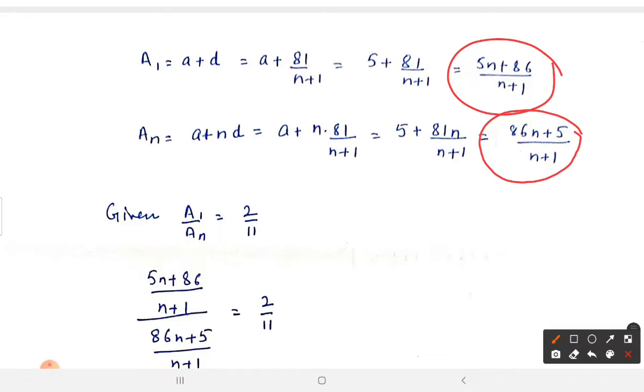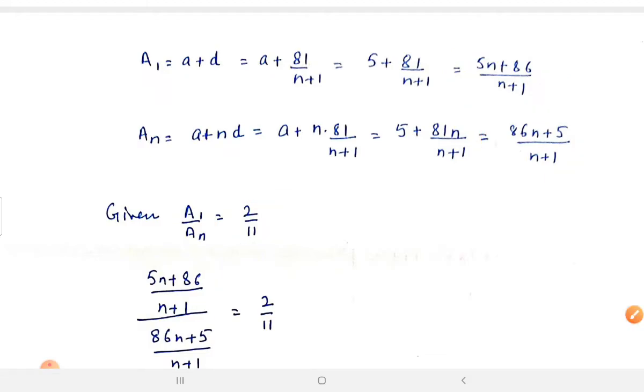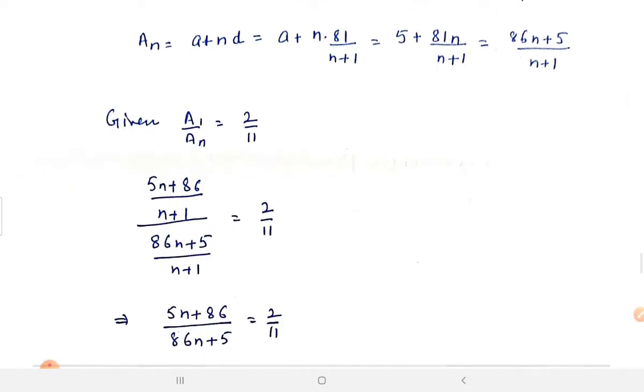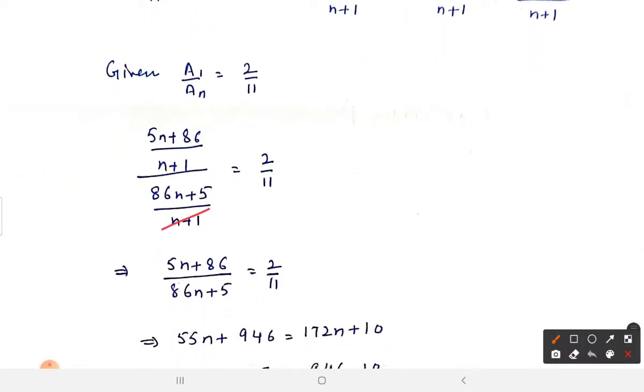We are given the ratio of A1 upon An, the first mean and the nth mean, is 2:11. Put the value of the first mean, that is (5n plus 86) upon n plus 1, and the value of the nth mean, that is (86n plus 5) upon n plus 1. So this cancels with this. We have (5n plus 86) upon (86n plus 5).